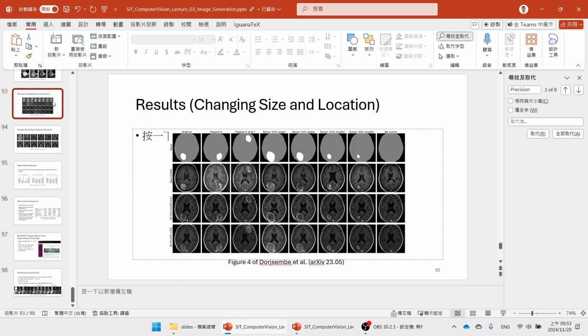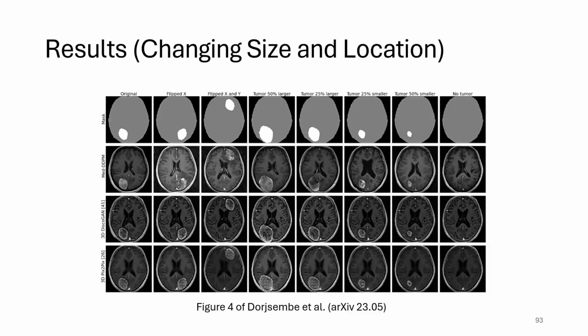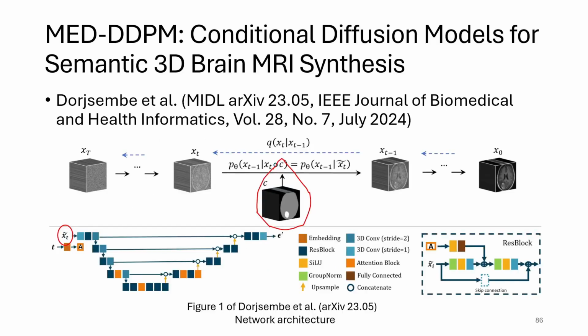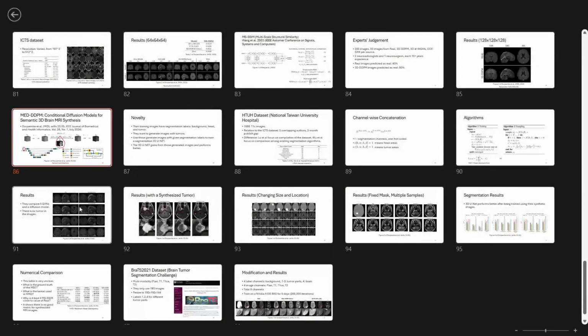So I think it's good: if we talk about image generation, then it is good to talk about this paper. But if I want to talk about this paper, DDPM, I need to talk about some things to help you understand the developing process for this.